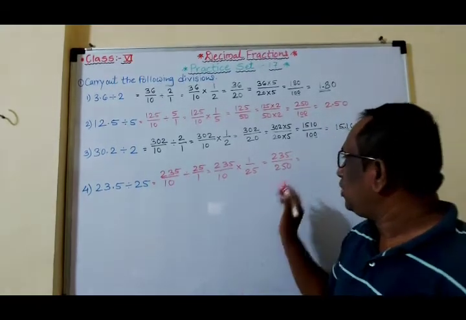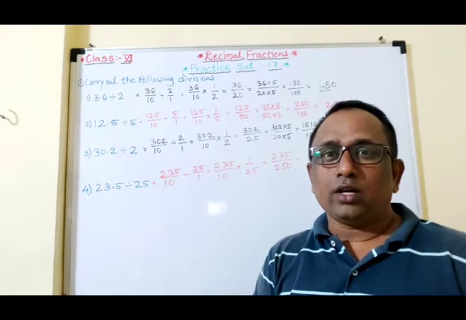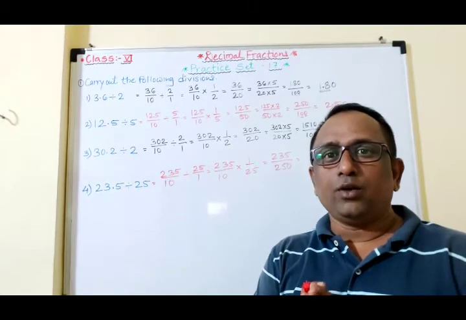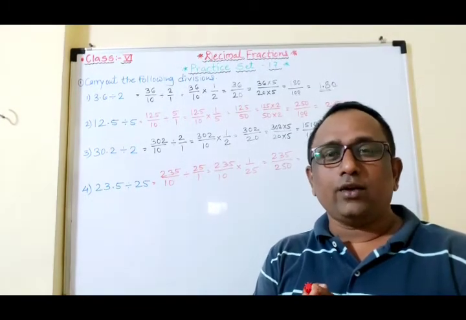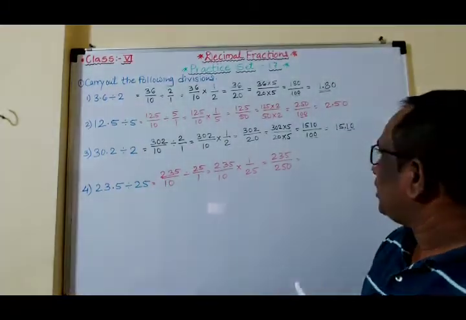Now students, here 250. Okay, now 250 is already greater than 100, so the last option we have is, if we multiply 250 by 4, then we get the denominator 1000. Okay, so we have to make the denominator 1000.